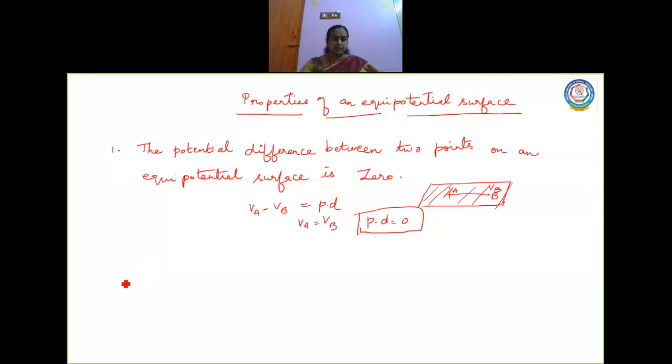The second point, which is very, very important, children: whenever we discuss the properties of an equipotential surface, two points are important.